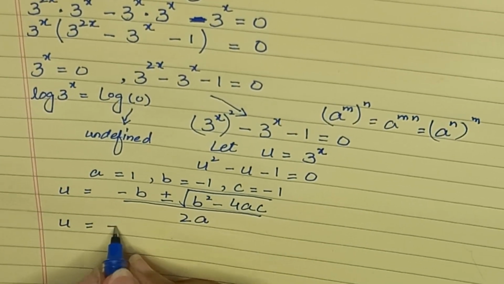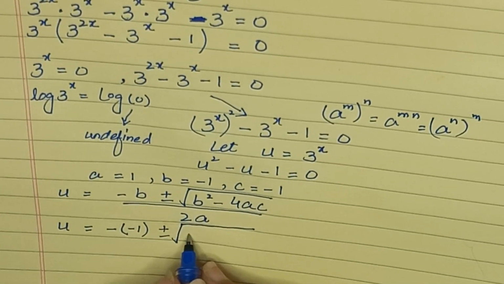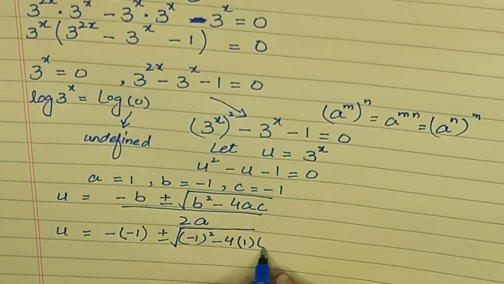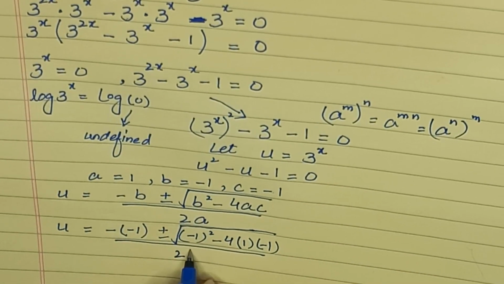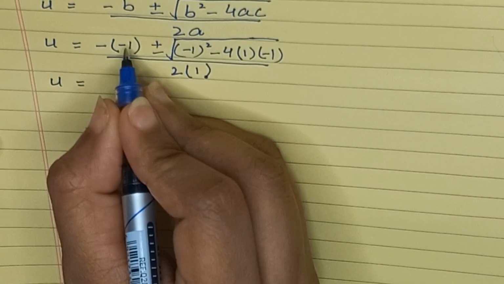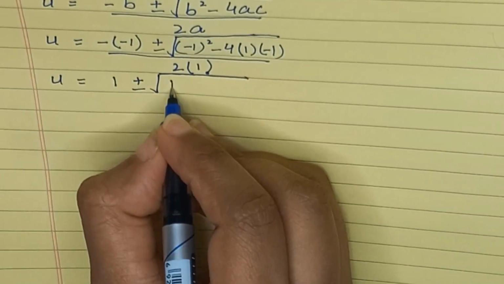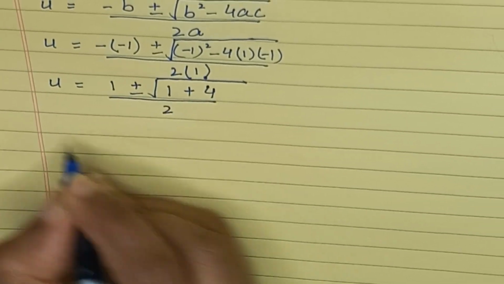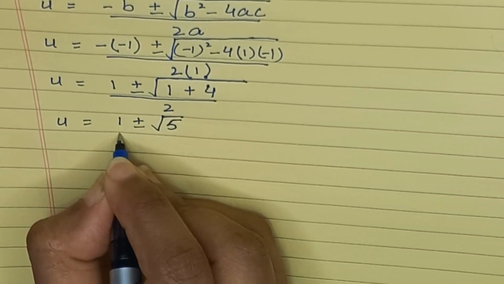So u is equal to minus b, which is minus minus 1, plus minus square root of minus 1 squared minus 4 times a, which is 1, times c, which is minus 1, divided by 2 times a, which is 1. So it will become 1 plus minus square root of 1 plus 4, divided by 2. So u is equal to 1 plus minus square root of 5 divided by 2.